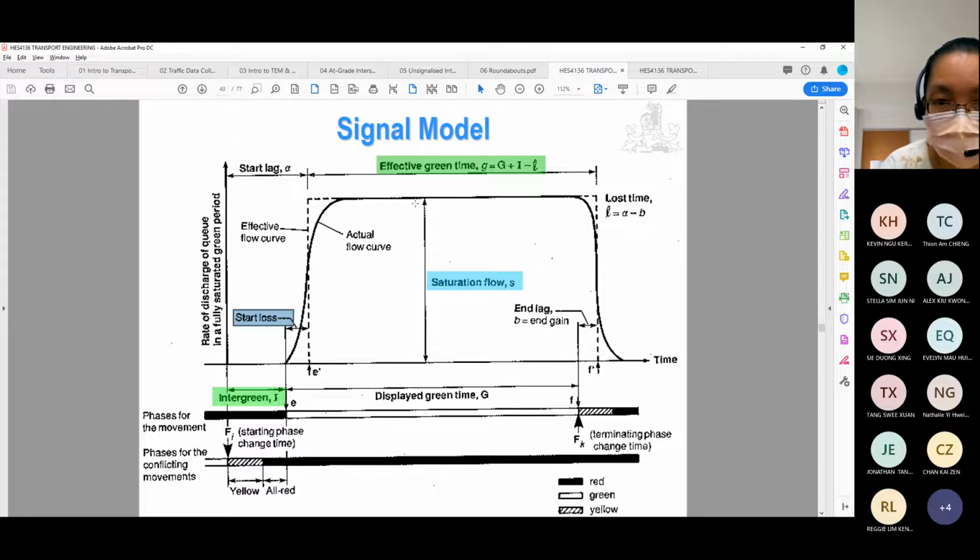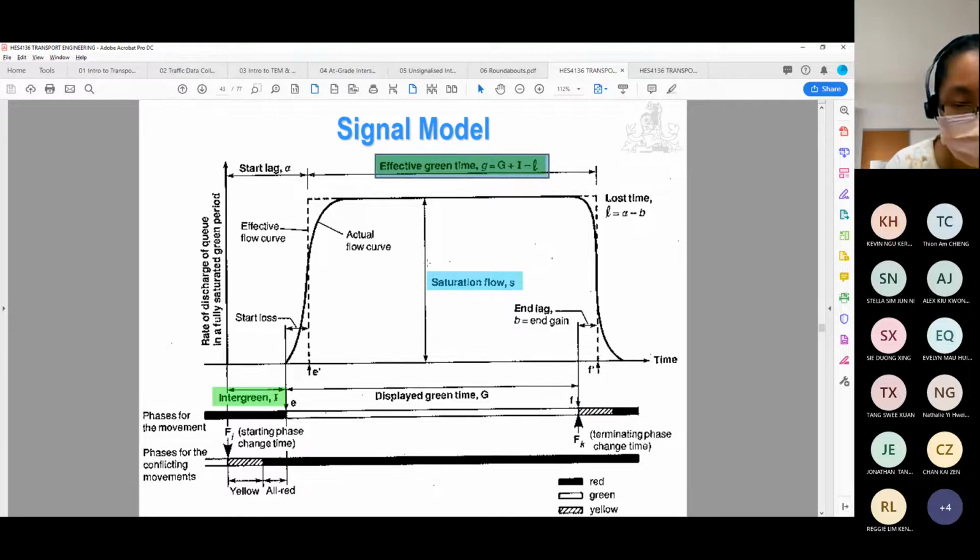Towards the end, when the traffic light turns yellow, drivers will still keep on moving, and they may come to a stop, but they will still be moving. So we have a bit of gain of time at the end. Because of that, we have this effective green time.